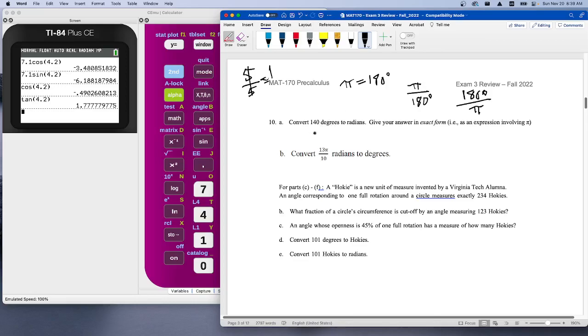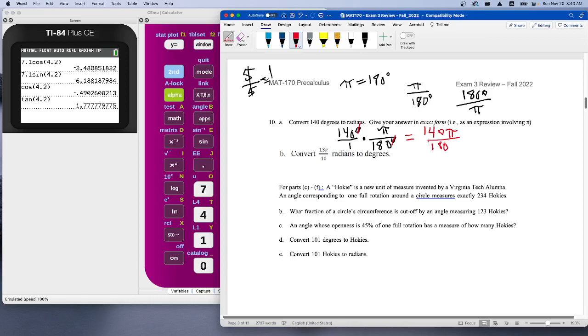So when we want to convert from degrees, we've got 140 degrees, that's in the numerator, right? We have to multiply by the conversion factor that has the radians in the denominator, so we can cancel out the degrees. Degrees divided by degrees is 1. And so we end up with 140 pi over 180.